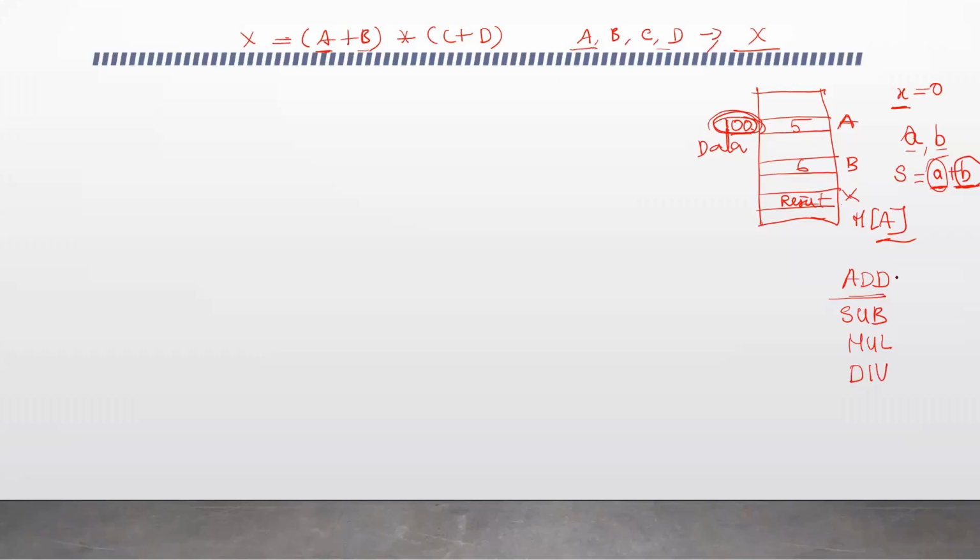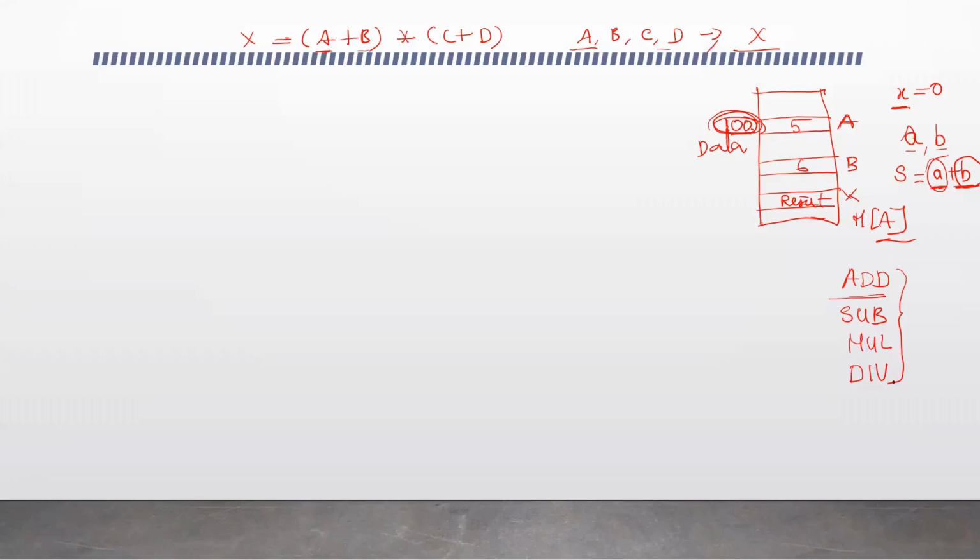There are no standard symbols; that depends on the processor and varies in different computers. So here we are using ADD, SUB, MUL for multiplication, and DIV for division. To evaluate this expression, we are going to use these arithmetic operations.